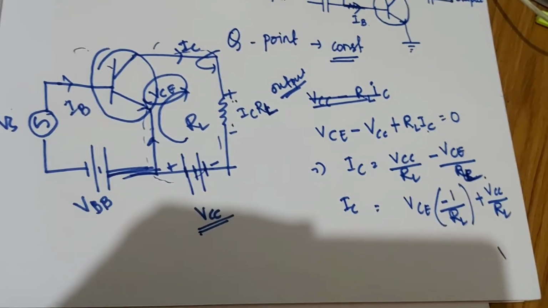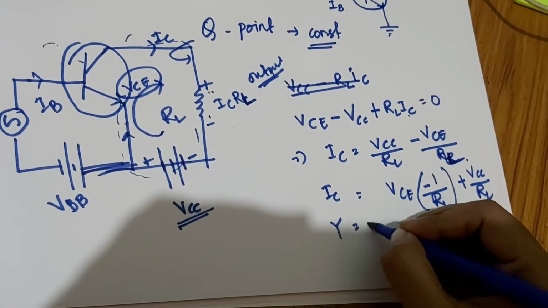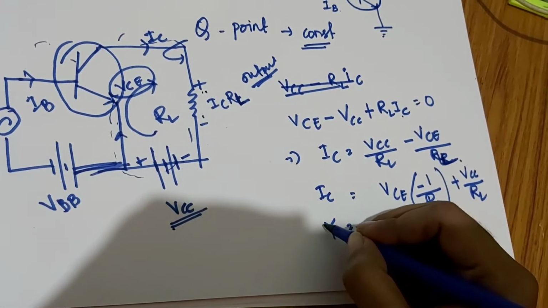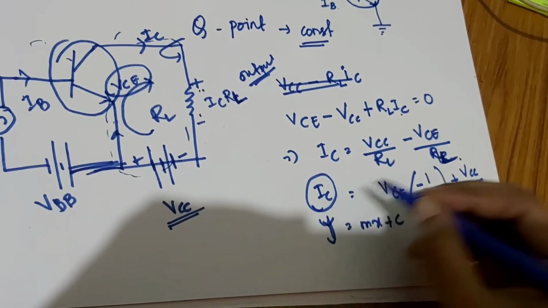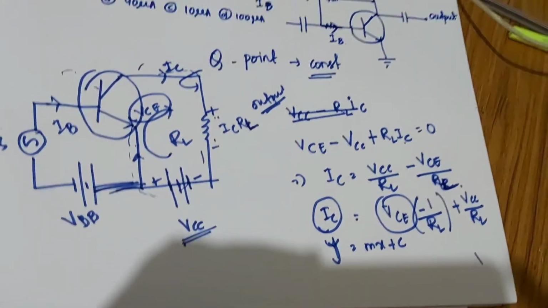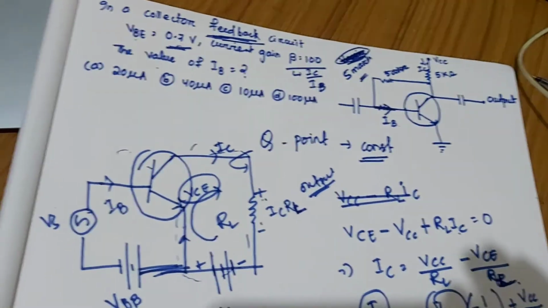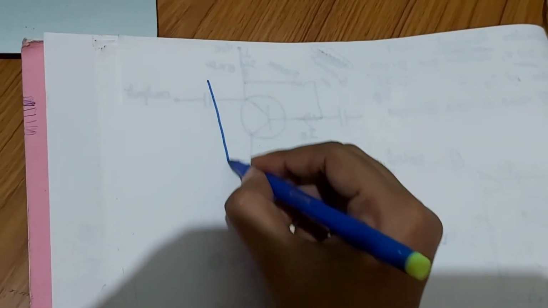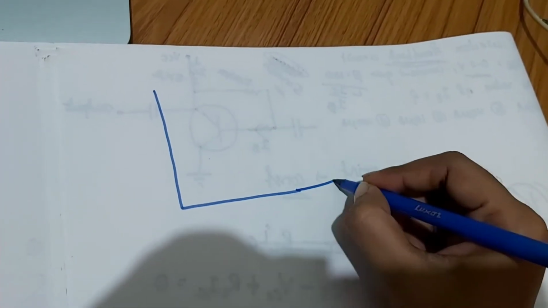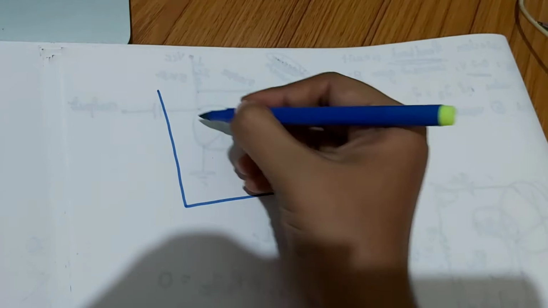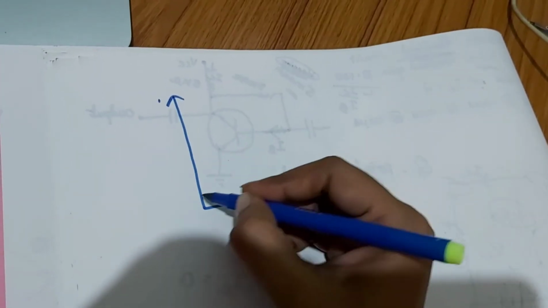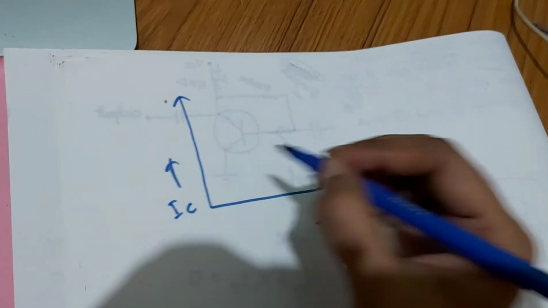If I put this on a graph, I will get a slope, like y is equal to mx plus c, between IC and VCE. If I draw the curve between IC and VCE, on this side is my VCE and on this side I am taking IC, the collector current.